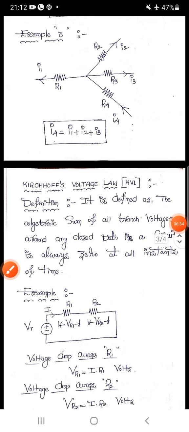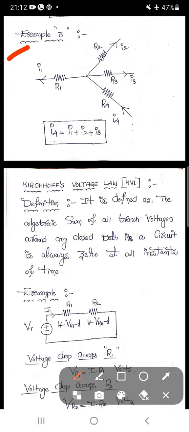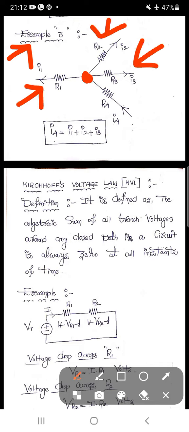Now coming to example number 3. This one is the junction point. Here also we have four branches: R1, R2, R3 and R4, and in individual branches individual currents are flowing.